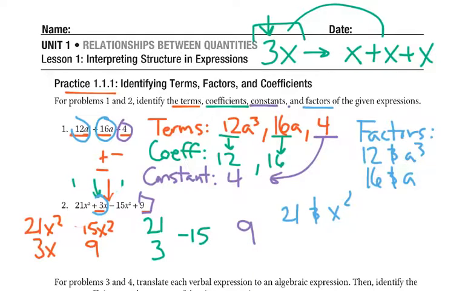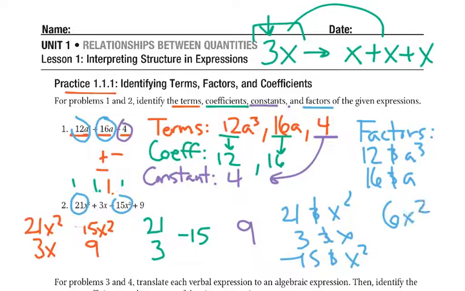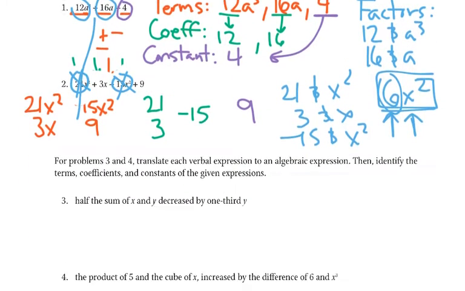We also have 3 and x, and negative 15 and x squared. Now really, if we wanted to, you could simplify those x squareds and go 21 minus 15, which would be 6x squared. Then you'd have one less term because you were able to combine those two. Your term would be 6x squared, your factors would be 6 and x squared, and your coefficient would be 6.